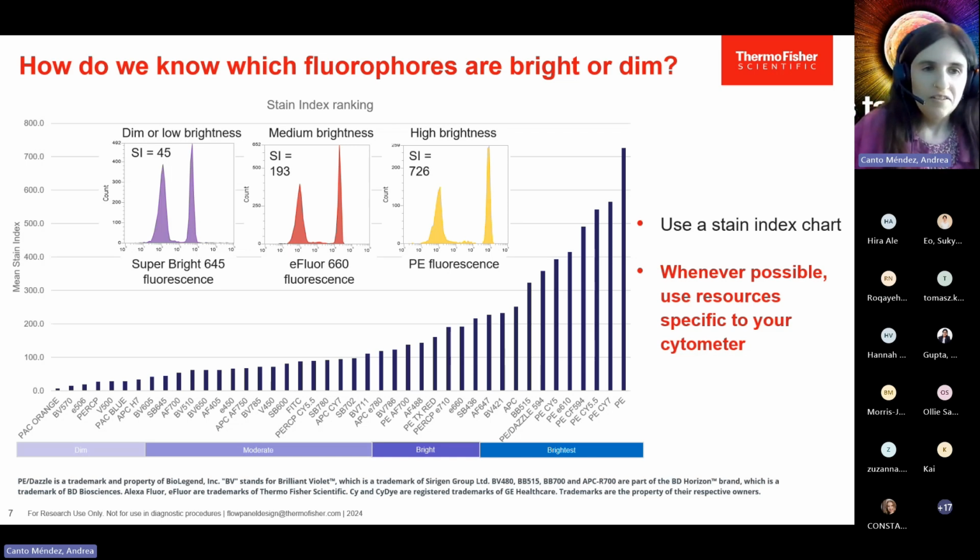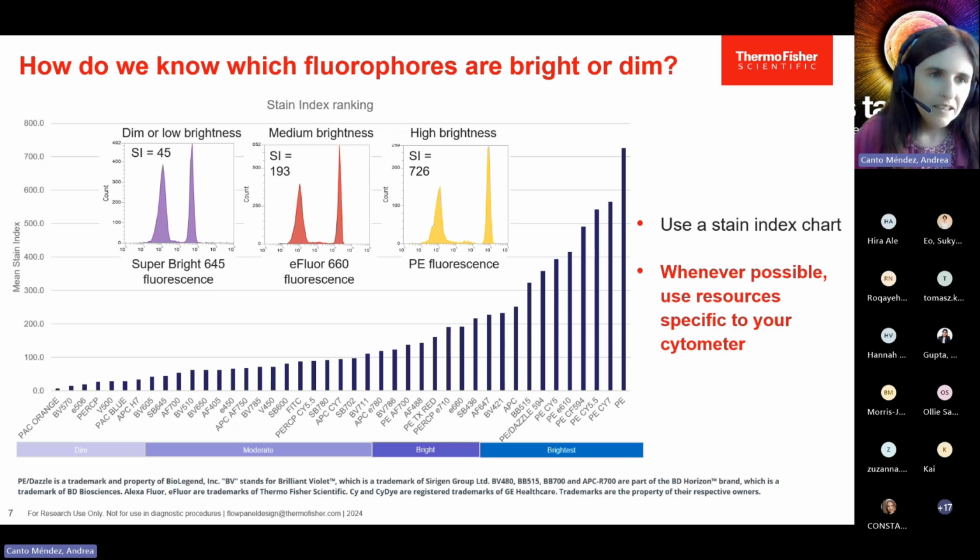Also, the wavelengths of the filters will determine how well we can detect a fluorophore. So whenever possible, the resource that is specific for the instrument will be the best one. Here you can see how the stain index informs us about the brightness of the fluorophores. Here you can see a fluorophore with a very low stain index value in the Attune instrument.